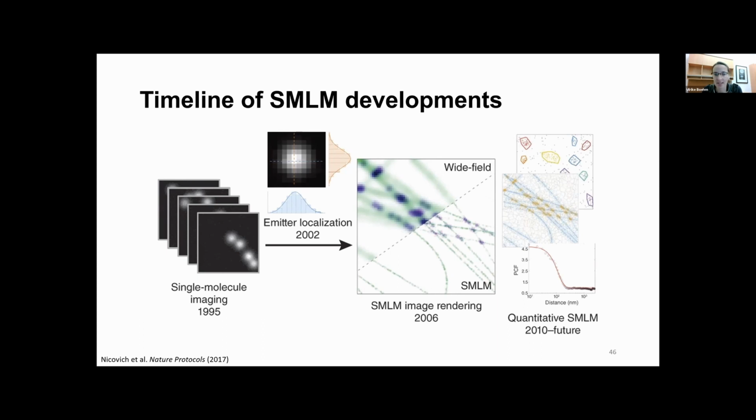Then the theory for the localization of emitters was established by Thompson in 2002, and then later on, as I said, these hallmark papers in 2006 about single molecule localization microscopy were also quite recent.